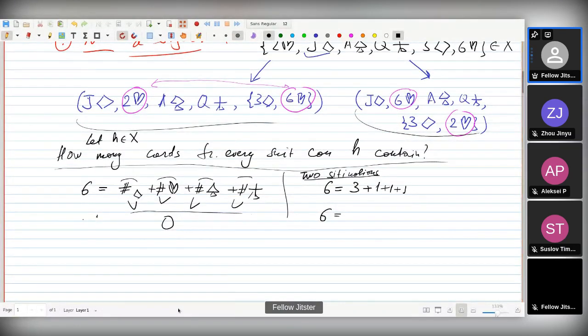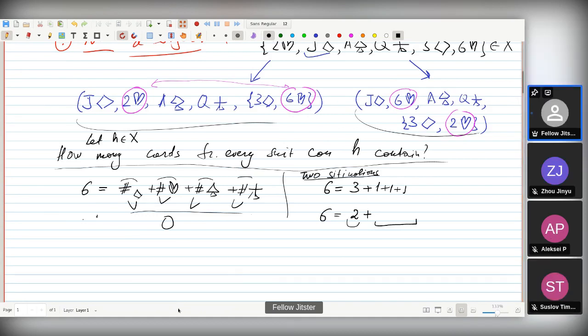Can we have less than two cards in all the suits? No, because this way we would obtain just four cards. So there must be a suit with two cards. If we have no suit with three cards, there must be a suit with two cards. Let us consider this suit. So how many cards are remaining?